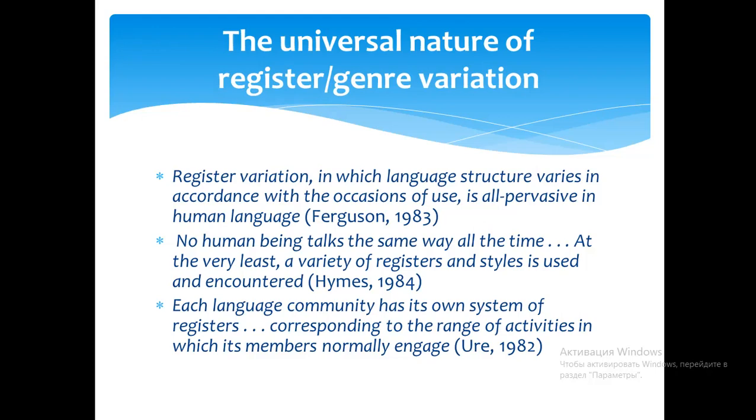Previous studies have documented these differences, noting that historical change in the system of text varieties in a language is fundamentally important. For example, Urey pointed out the register range of a language is one of the most immediate ways in which it responds to social change.